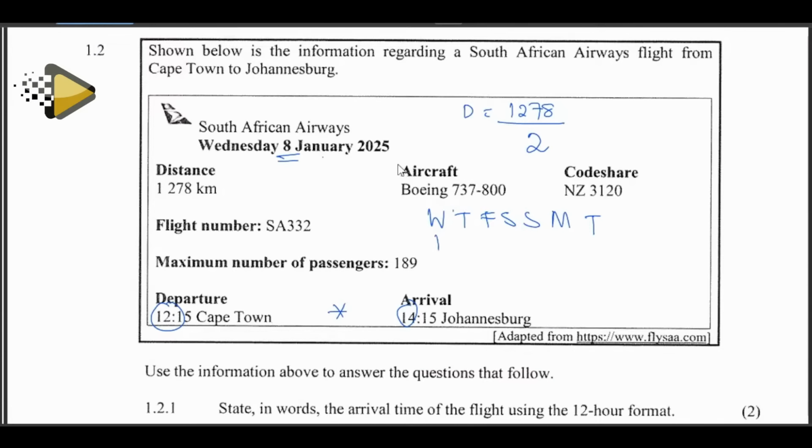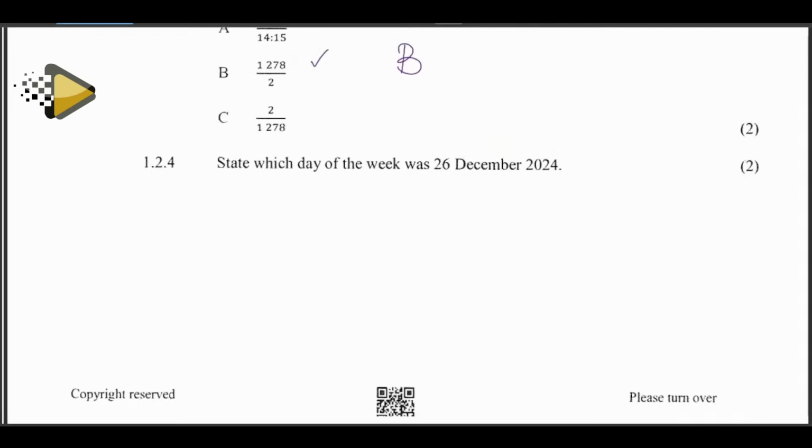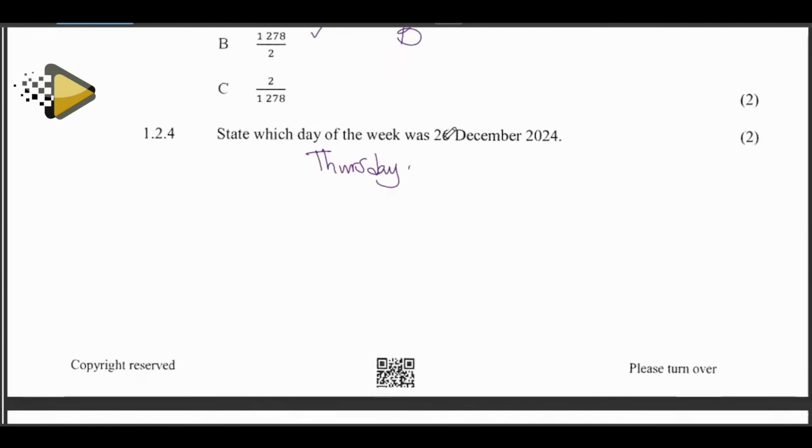If last week it was the 1st, that means this was the 31st, 30th, 29, 28, 27, 1, 2, 3, 4, 5, 6, and 26. So 26 was a Thursday. Which day of the week? It was a Thursday. Okay.